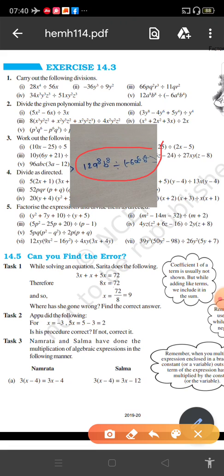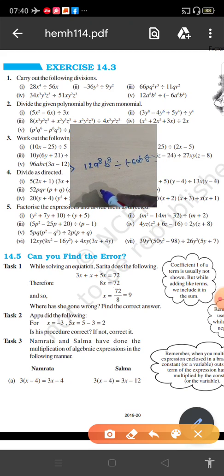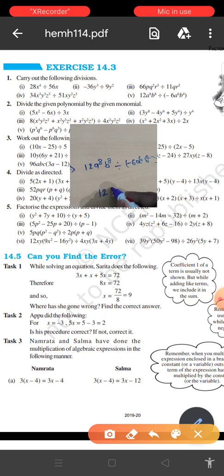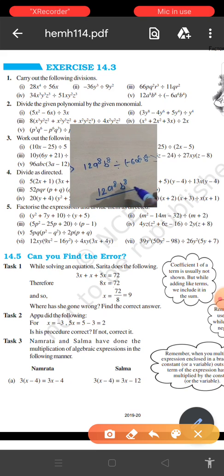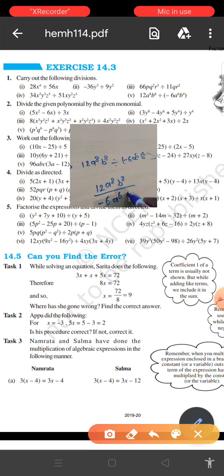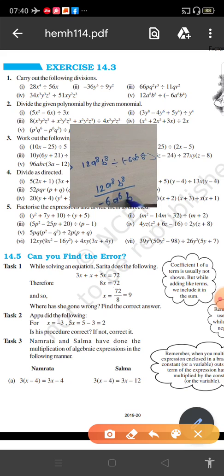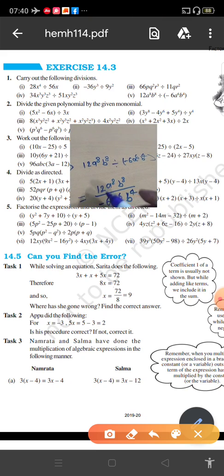Okay, so first we write it like this: 12 a power 8 b power 8 divided by minus 6 a power 6 into b power 4. Okay, after this we write it as a product of irreducible factors.